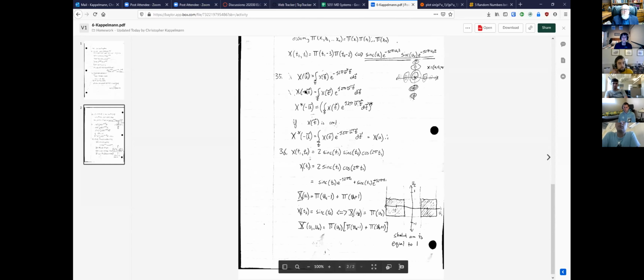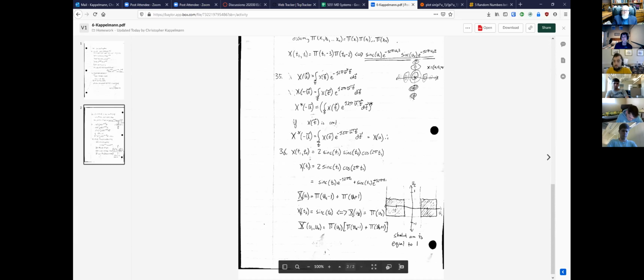This is to show that if a signal is real, its Fourier transform is conjugately symmetric. Go ahead, Chris. Okay. If we negate the u, we lose the negative sign in the exponential. Then if we conjugate both sides, we get a conjugate of the integral. We can move the conjugate inside the integral and apply it to x of t.